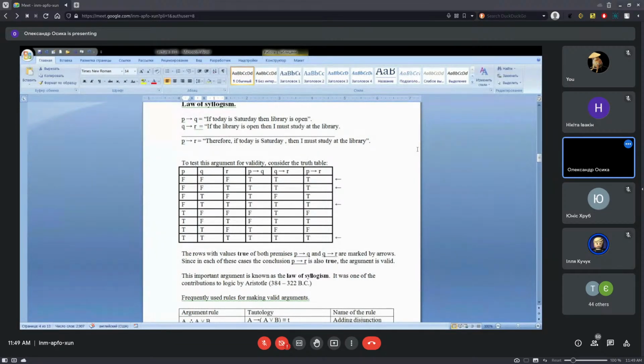So, therefore, we can conclude, if both of these statements are true, then we must be able to conclude that this is also true. But we have to check whether it is so or not. That's why let us check it.